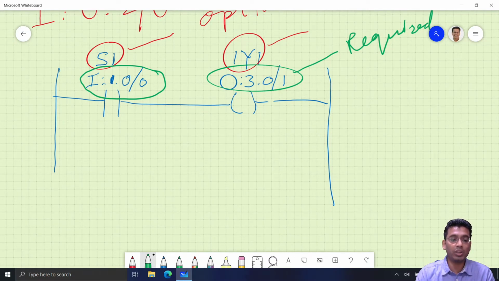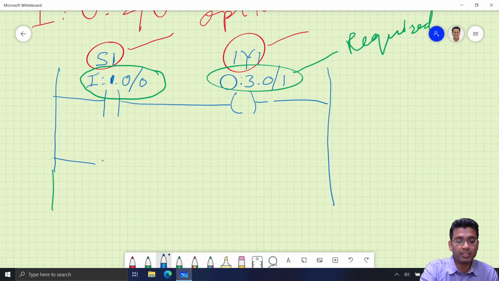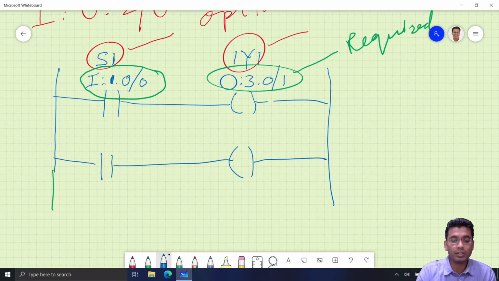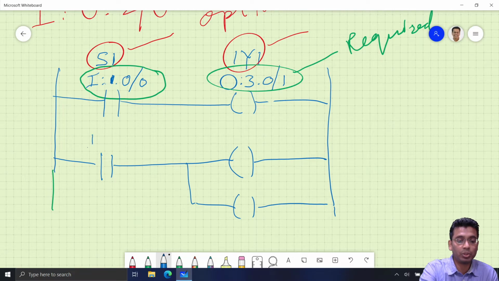For example, this is only one rung. The second rung could be what? If you see, again you can have a second rung here. The second rung says that if my input is there, that input was again a roller valve.